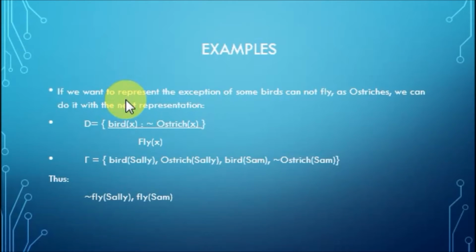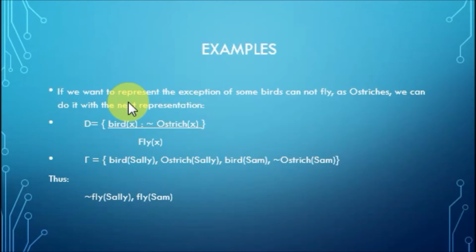We can say that almost every bird can fly, but there is an exception: this rule can't be applied to the ostrich. If we want to represent this example in the default logic, we can do it in the next way.